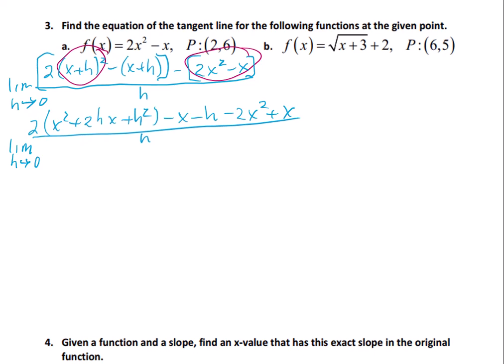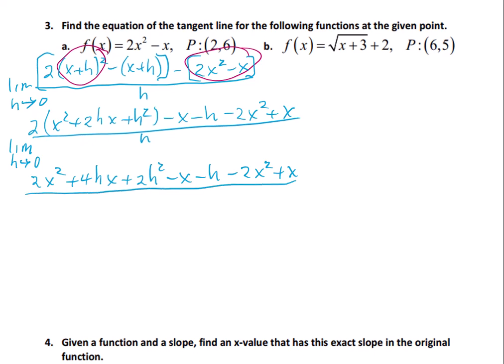I'll multiply by my 2 up here on top, and I'm getting 2x squared plus 4hx plus 2h squared minus x minus h minus 2x squared plus x.